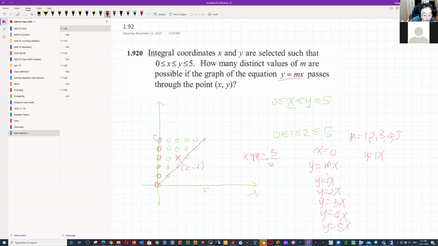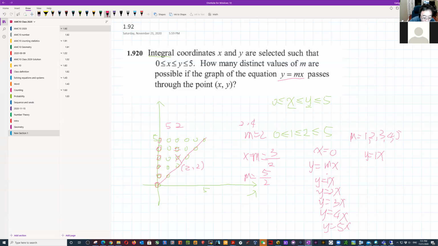So we recognize it. And this one obviously does not produce a new one, because this point is (2, 4), so m equals 2. And this one is m equals 5/2. So basically in the second column, we have 5/2 here, 2 here.